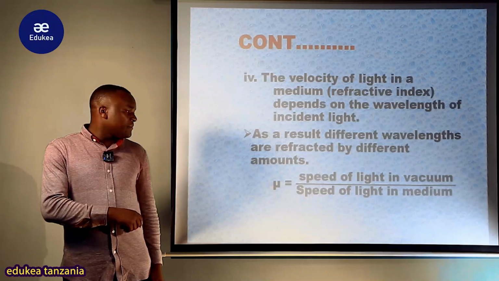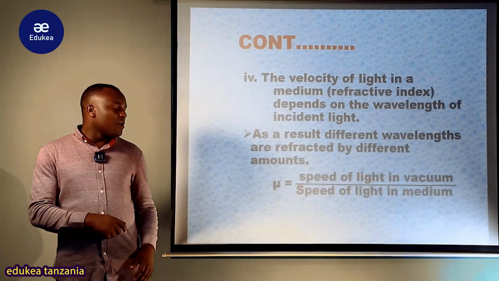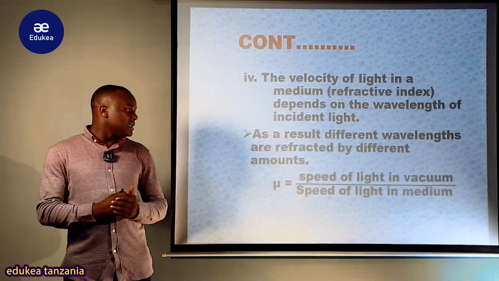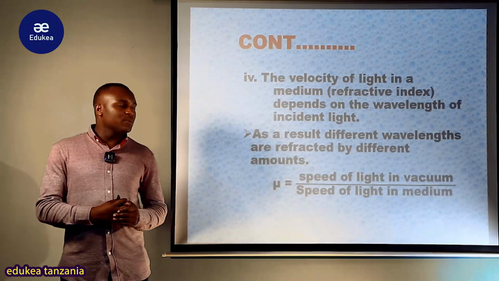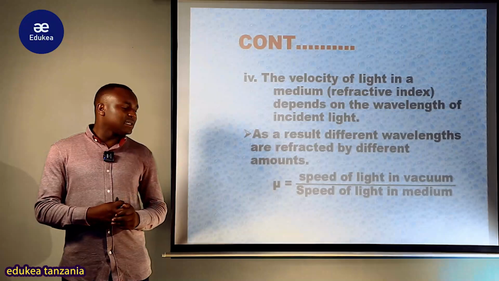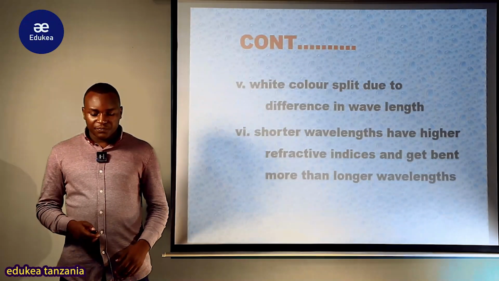You can determine the refractive index kwa kuchukua speed of light in a vacuum over speed of light in a medium. So if you take the speed of light in a vacuum, then you divide by the speed of light in a medium, you can get the refractive index.